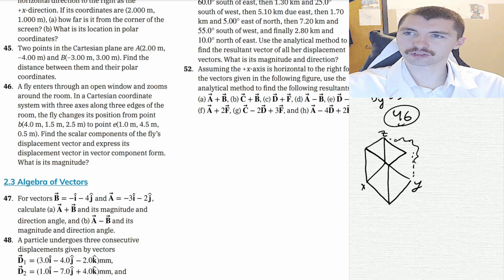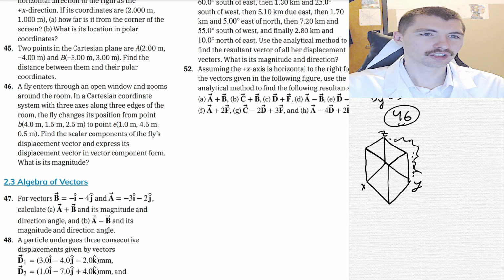Just ignore that part of the graph. So this should come down. This might be a little blocked, but yes, this is our room. It's all in the positive x. The fly changes positions. Find the scalar component of the fly's displacement vector.